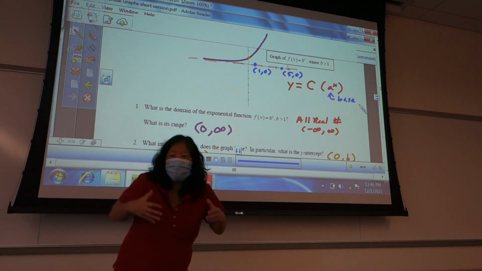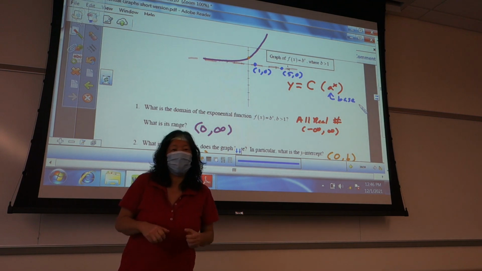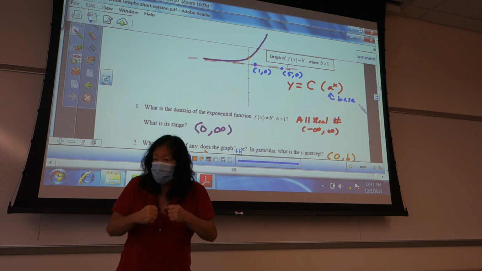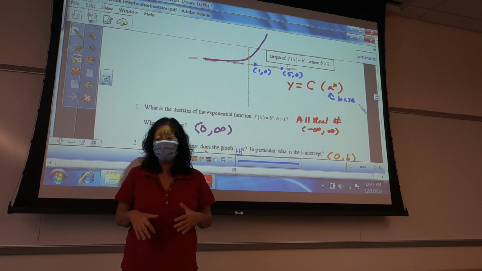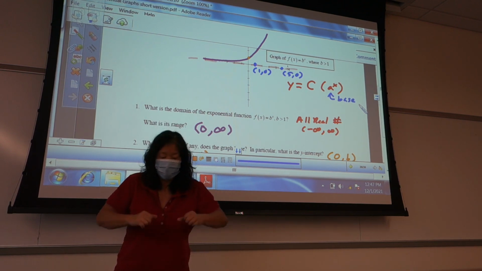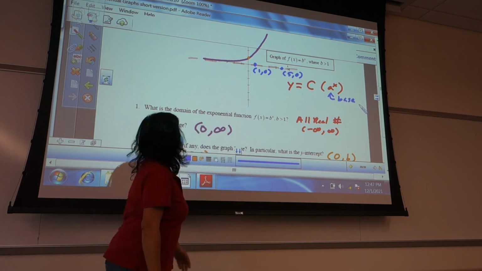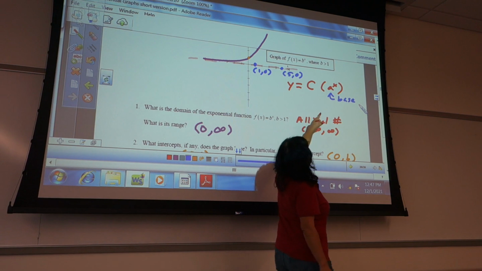So the base is the thing at the bottom, and the exponent is the thing that's up on top. You can think of the base of anything: it's always solidly on the bottom. The exponent is the thing it's being raised up to. So the base is a, the exponent is x.